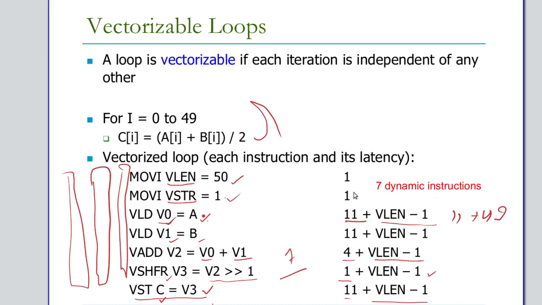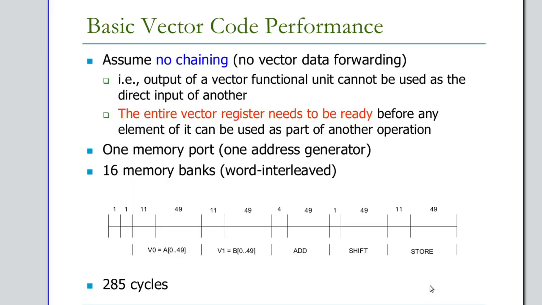The number of clock cycles will also reduce. It is 1 clock cycle, 11 plus 49, which is around 60. This is also 60. 4 plus 49 is 53, this is 50, and this is again 60, right? So add these all, and you will get something like 285 clock cycles.